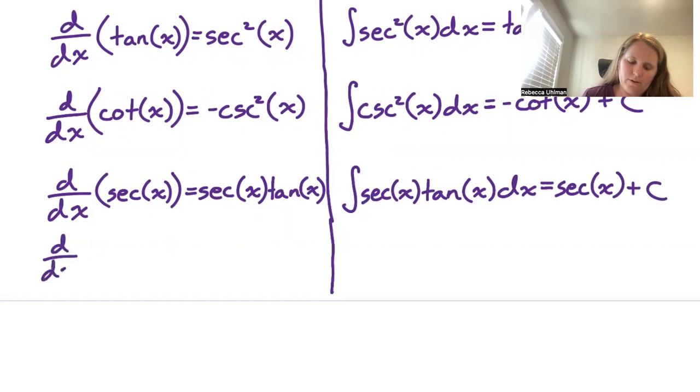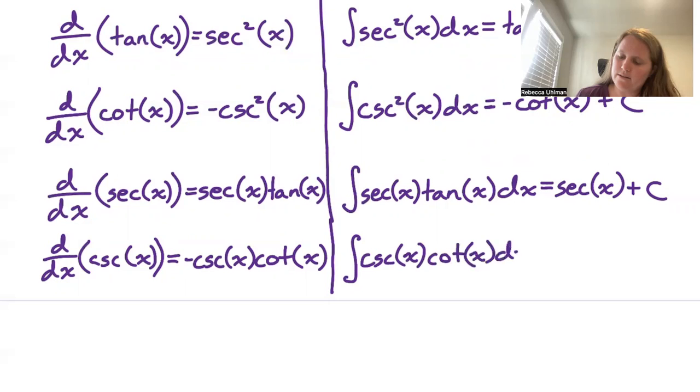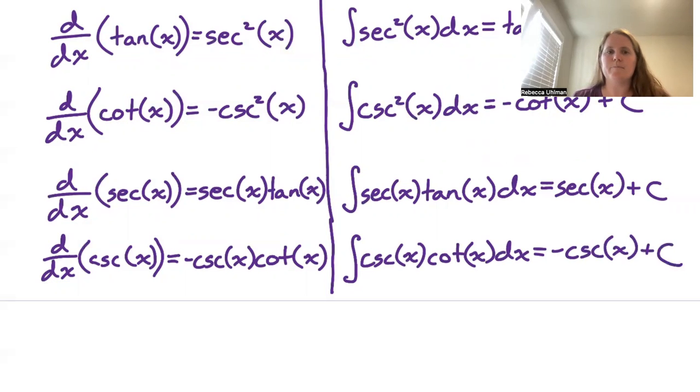The derivative of cosecant x was negative cosecant of x, cotangent of x. Well, this corresponds to the integration fact of the integral of cosecant x, cotangent of x, dx is a negative cosecant of x plus c.